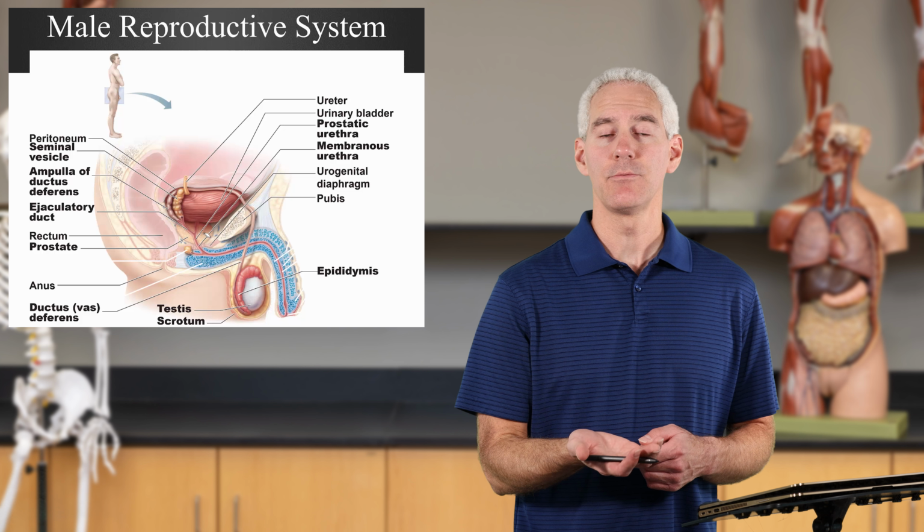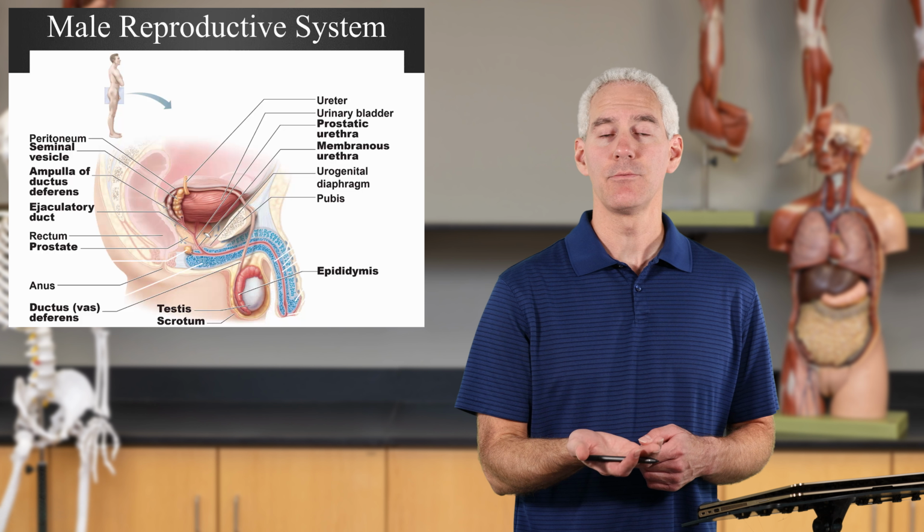The idea here is it's meant to kind of clean out the urethra from any remnants of urine. You then have the spongy urethra. The spongy urethra is what's traveling actually through the penis right here. That's the spongy urethra. So in total, there are 3 different regions of the urethra in the male system.